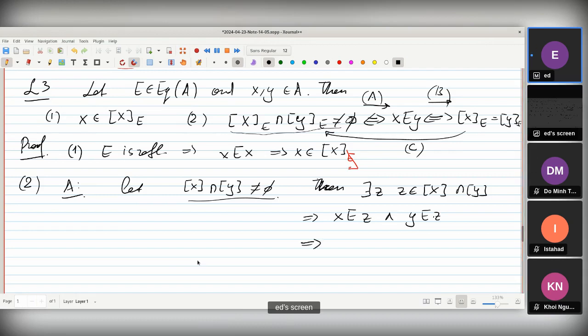Now let us apply symmetry. As E is symmetric, we have still X E Z and Z E Y. As it is transitive, we have X E Y. That's it.